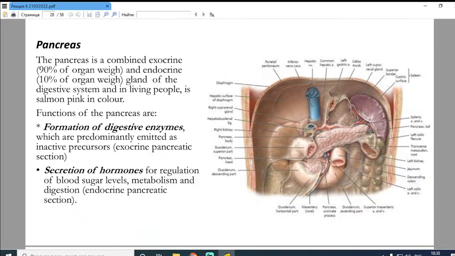Function: formation of digestive enzymes, which are predominantly emitted as an inactive precursor in exocrine pancreatic secretion, and hormones for regulation of blood sugar levels, metabolism, and digestion. The endocrine pancreatic section is located in the tail of the pancreas.